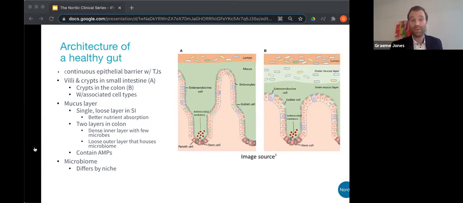If bacteria are getting too far, they can help to push them away. And of course, we don't want a very thick mucus layer in the small intestine because that's going to affect absorption. So naturally, things are different depending on which part of the gastrointestinal system we're looking at.